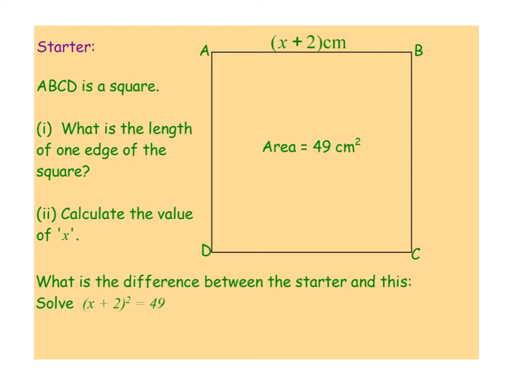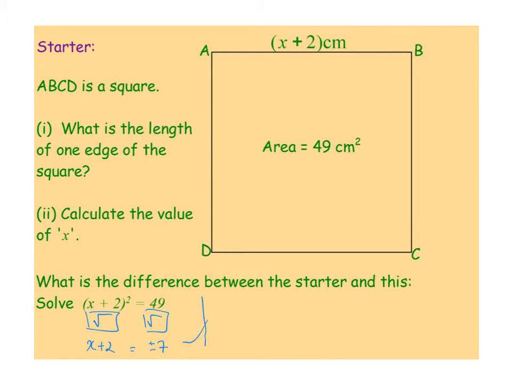So from this line that we've currently got, x add 2 squared equals 49, I think the most obvious step here would be to square root both sides, which will give me x add 2 on the left and positive or negative 7 on the right. And there's the difference, because in part one of the starter you would have only got positive 7, because lengths of squares can't be negative.